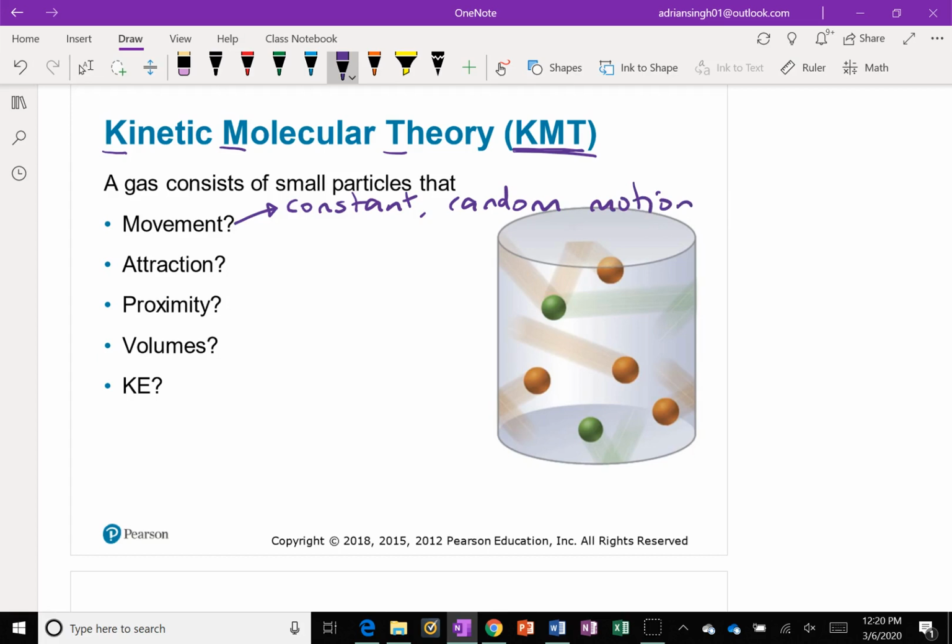So that's where the term kinetic comes from, right? They're always moving around constantly and randomly as well. In terms of their attraction, there's very little attractive or repulsive forces between the particles.